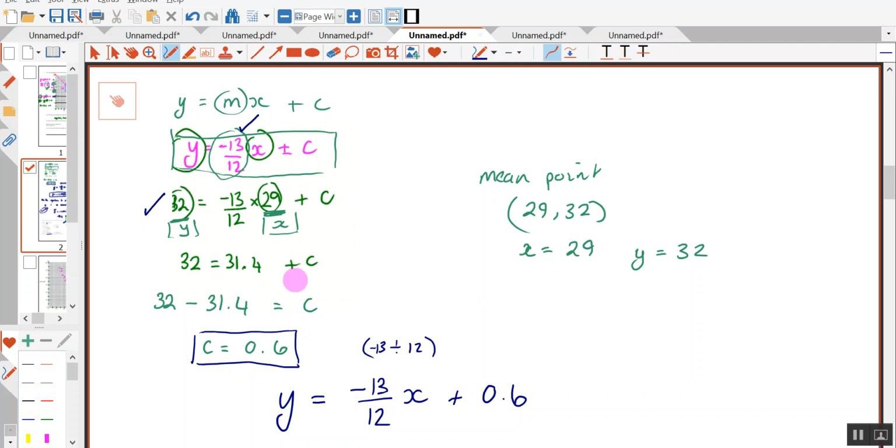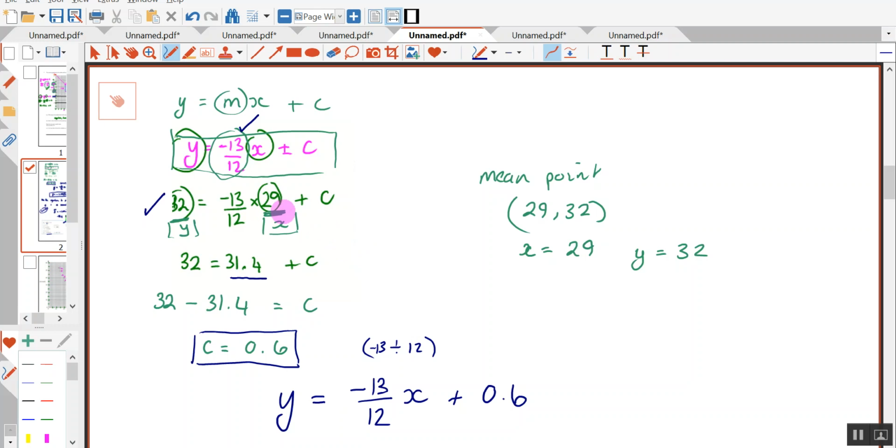So I've got the answer 31.4. Where did that come from? Where did 31.4 come from? And also multiplied by 29. Can you just do that again for me? Check that calculation for me on your calculator.